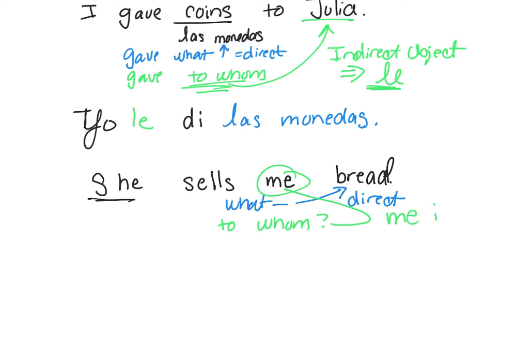Me is the same in Spanish and English. Okay, so when we do this in Spanish, we have ella is going to be our subject pronoun. To sell, she sells is ella vende. She sells to me is going to come out to the front. Ella me vende el pan.